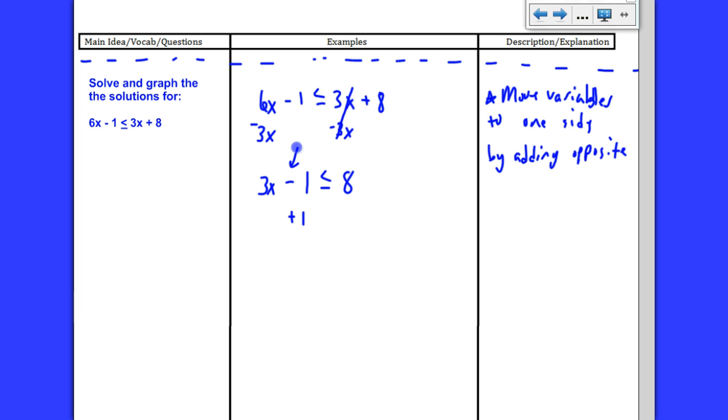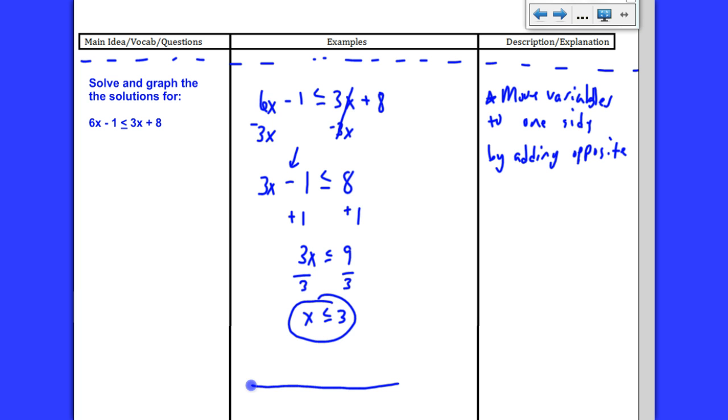Remember, you undo addition first. Add 1 to both sides, you have 3x. Do I flip the sign? No, never with addition. You will never flip the sign with addition. And then divide by 3. Do you flip the sign here? I hope you said no, not when you divide by a positive number. 9 divided by 3 is 3. X is less than or equal to 3.